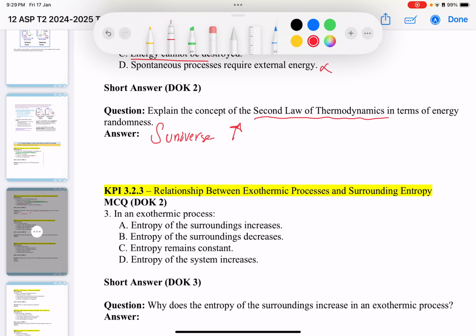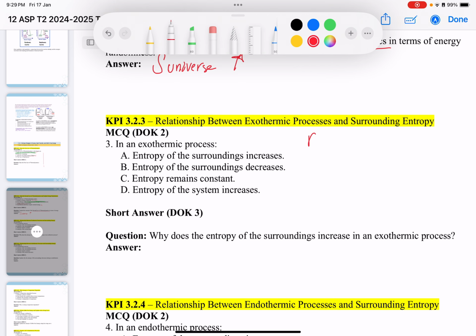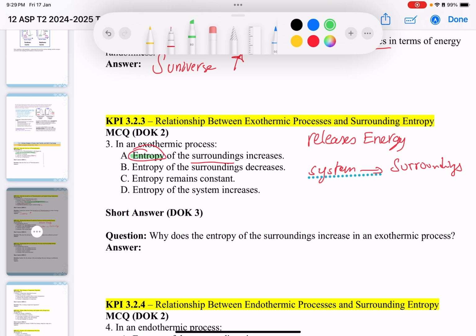An exothermic process is a process that releases energy. The system will release energy to the surroundings. Therefore, if I look at the surroundings, the entropy of the surroundings increased because the surroundings just gained energy.